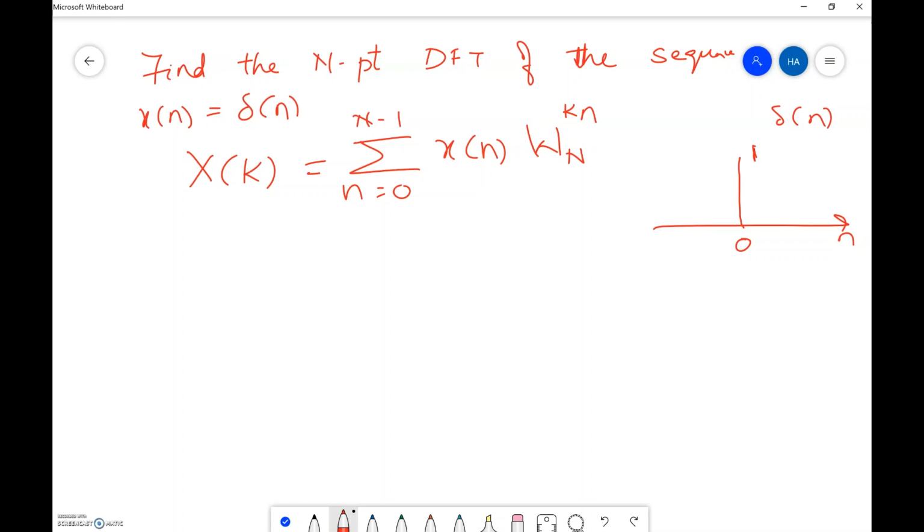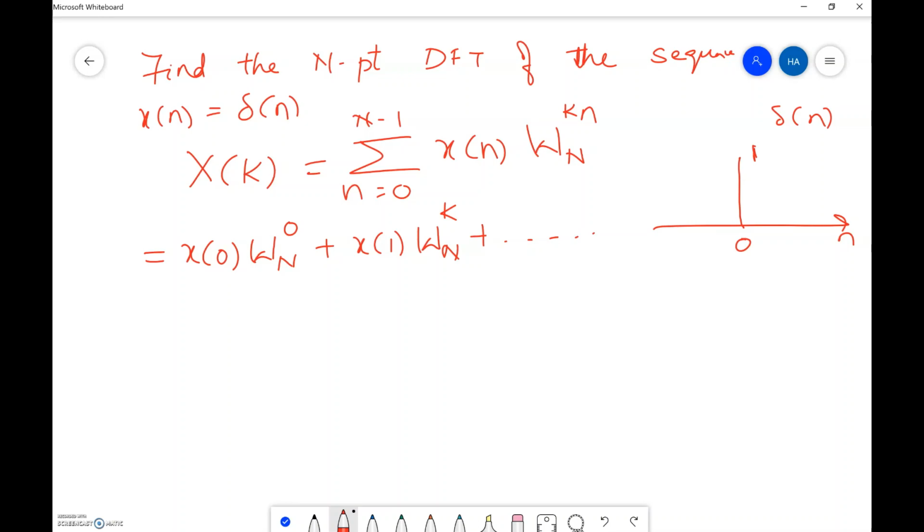So let's expand this summation. It's x of 0 W_N power 0 plus x of 1 W_N power k, and so on up to the last term, x of N minus 1 W_N power (N minus 1) into k. So let's substitute the values. What is x of 0?